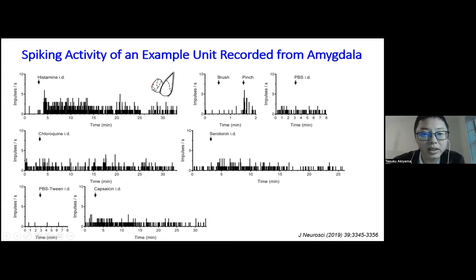This unit was recorded from the CeA, the central amygdala, and this location was determined by the lesion induced by the electric current.